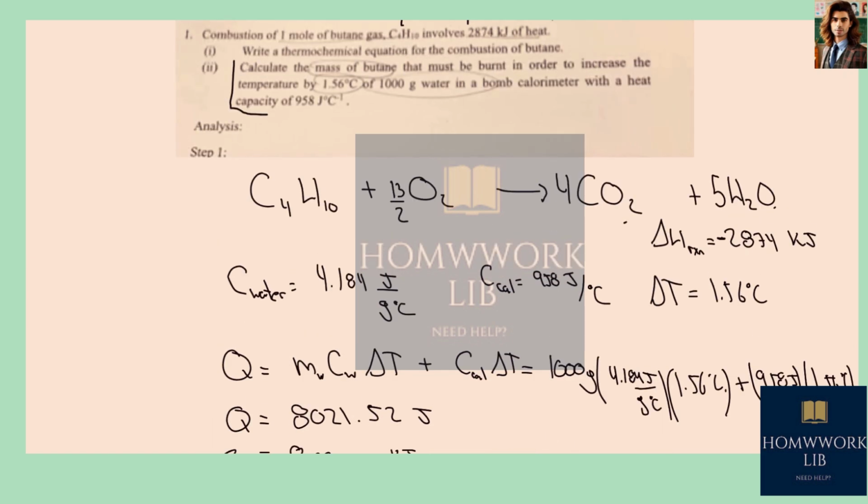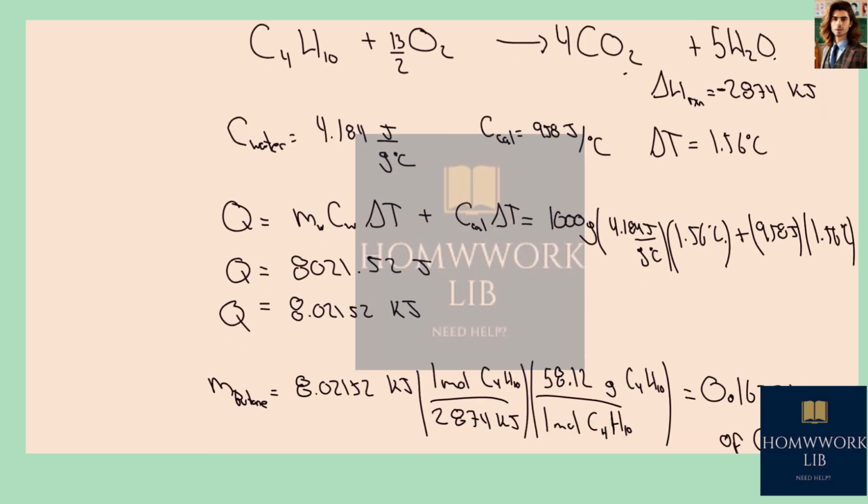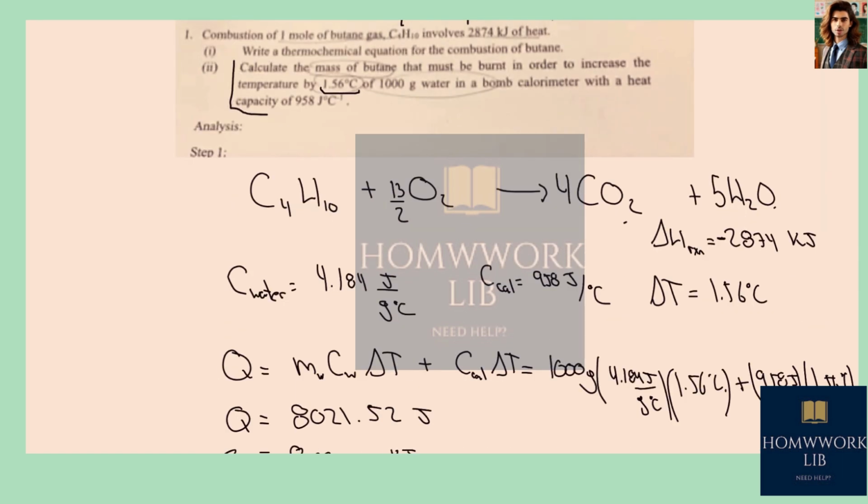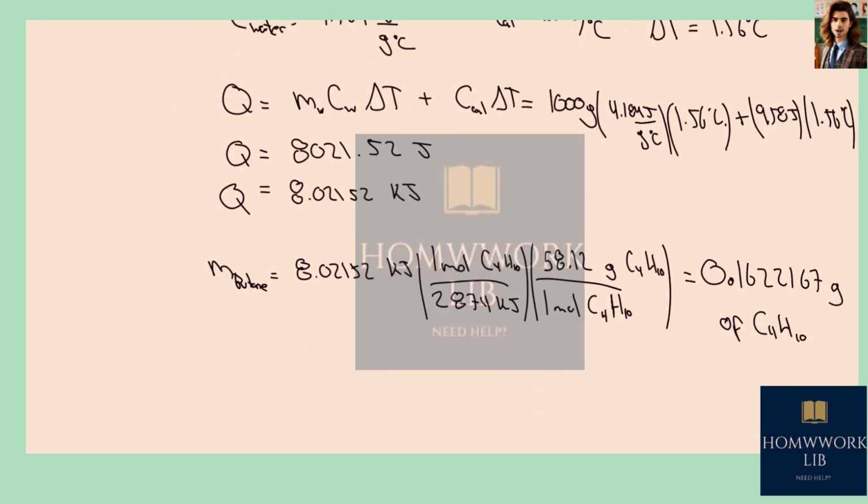In principle, it should be given up to 3 significant digits, since the number with the lowest amount of significant figures is the 1.56 degrees Celsius over there. So it should be 0.162 grams with 3 significant figures. But if your professor requires more or less, you can cut the value that I gave over here.